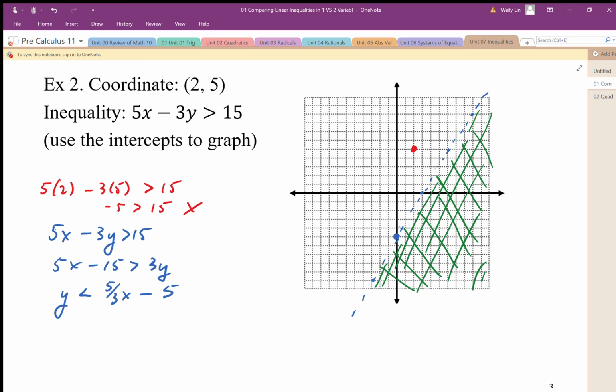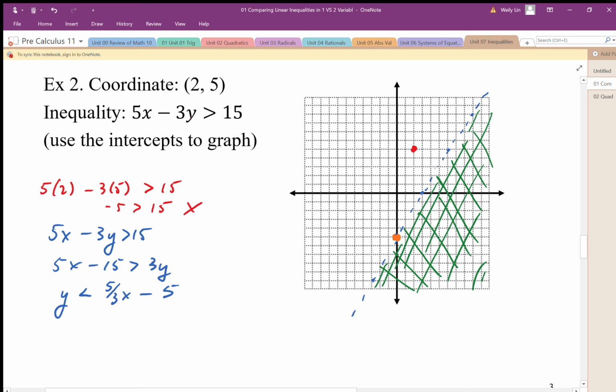In fact, I kind of missed this, but knowing our linear equations, we could use our intercepts to graph this, and I just want to make sure that we remember how to do that. To use intercepts to graph, if I make x equal 0 and solve for y, y is going to equal -5. So there's my intercept of -5.